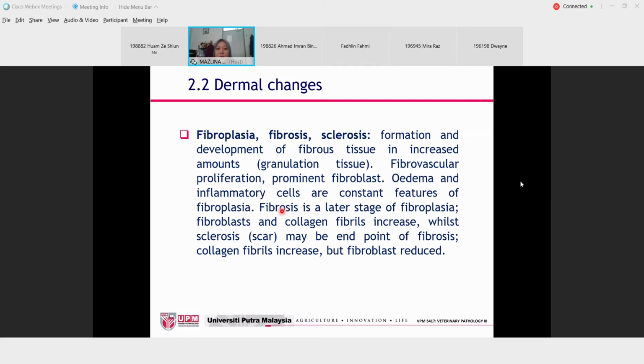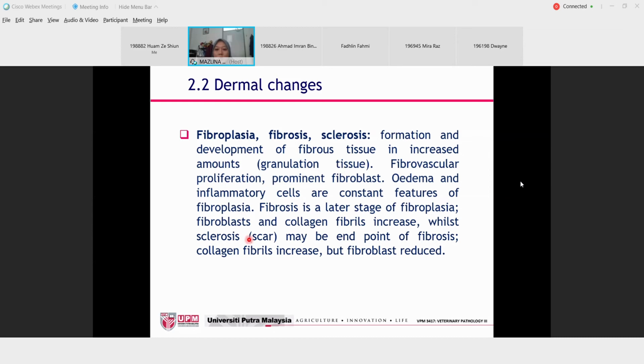Fibrosis is a later stage whereby the fibroblasts and collagen fibres are increased. The fibres are usually very prominent in comparison to fibroplasia. The last stage is called sclerosis, or formation of scar.